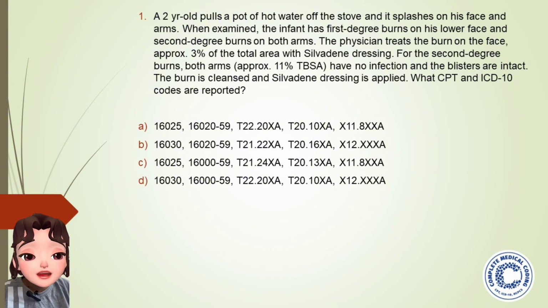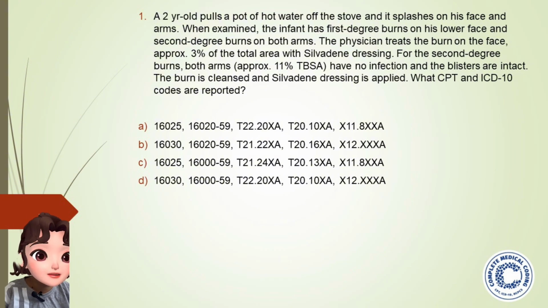So the accurate code will be the next one, X12.XXXA, which represents contact with other hot fluids. So we got 2 T codes and the X code: T22.20XA, T20.10XA and X12.XXXA, which is there in option D, right?